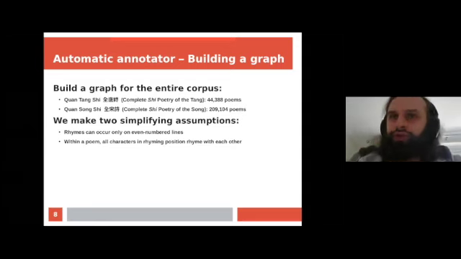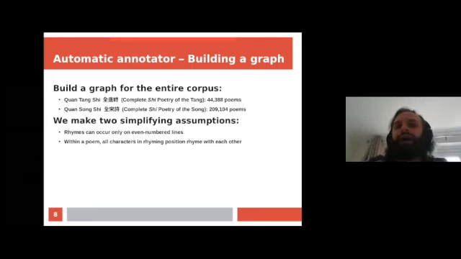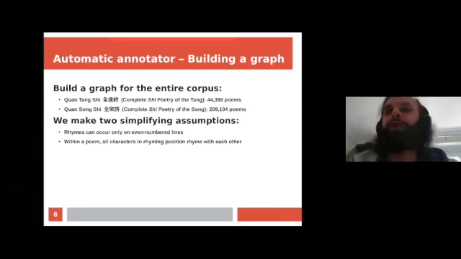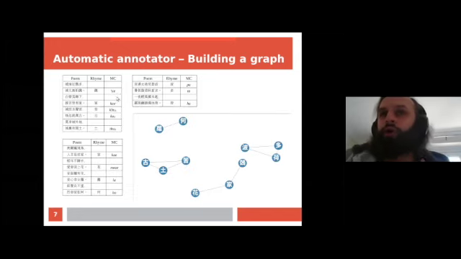And I make 2 simplifying assumptions. We could consider them perhaps even bad. We consider that everything that's on an even numbered line within a poem rhymes. And we also consider that everything in a rhyming position in a given poem rhymes with each other. So it's a simplifying assumption. And if we go back to the previous poem, we can see it's even wrong.